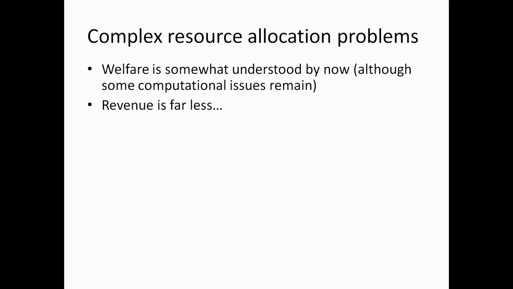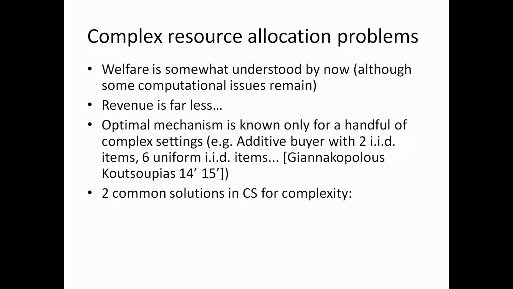So once we get into complex settings, we still know how to maximize welfare. There is a closed form of how to do it. We just run VCG. But if we want to maximize revenue, we get into much more trouble.